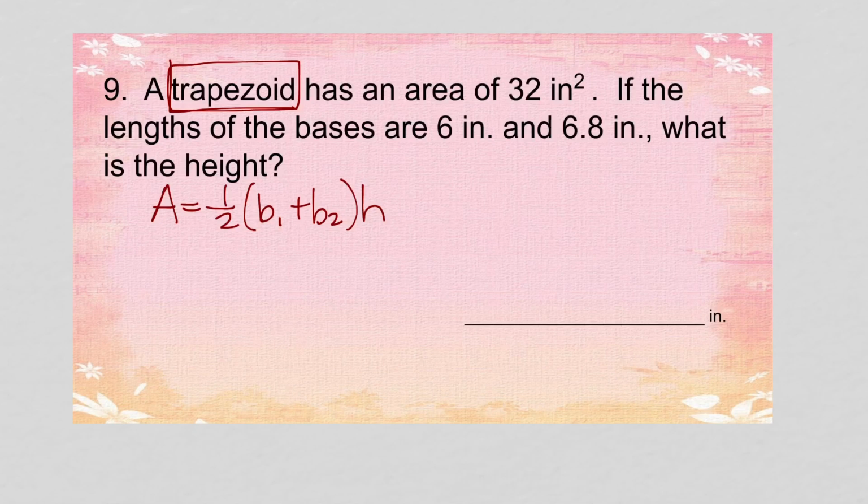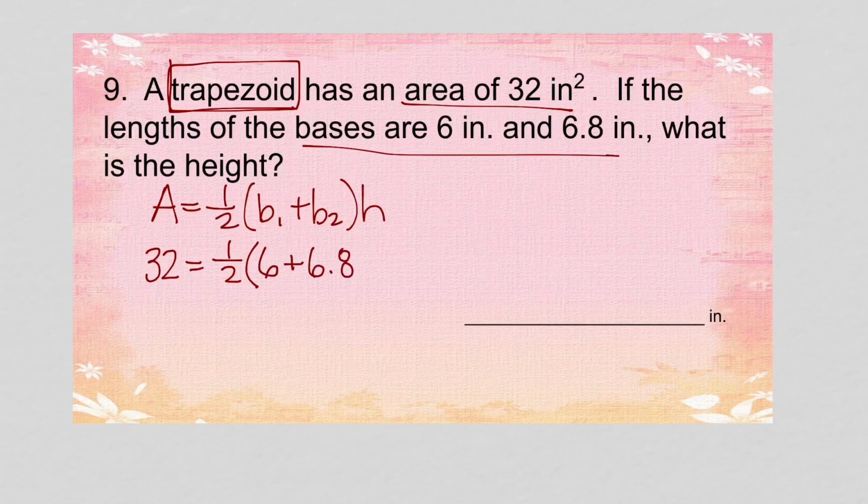Now, what does it tell me for sure? Area, so I'm going to plug that in for area. 32 equals 1/2. What else does it tell me for sure? My bases are 6 plus 6.8 times height. Now I don't know the height.